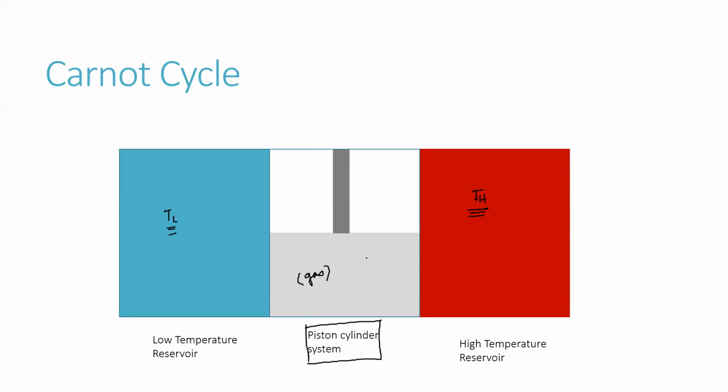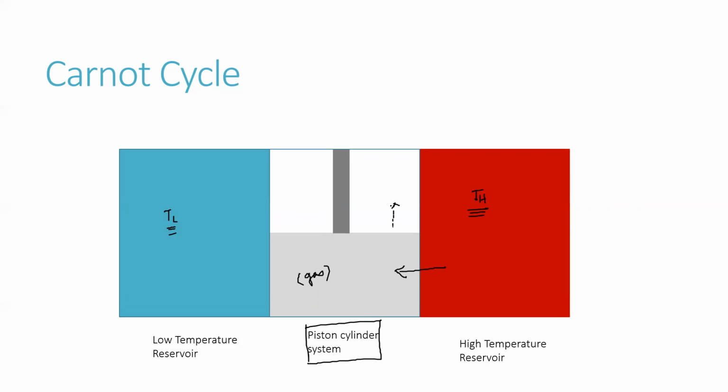This gas is going to absorb some heat from the high temperature reservoir. When it absorbs some heat from this high temperature reservoir, it is going to do some work.